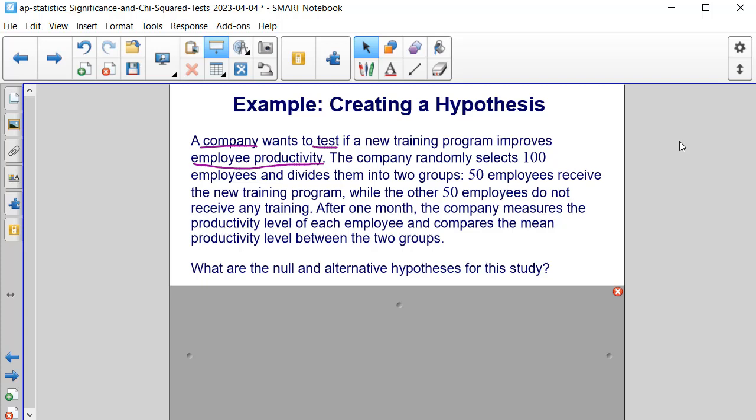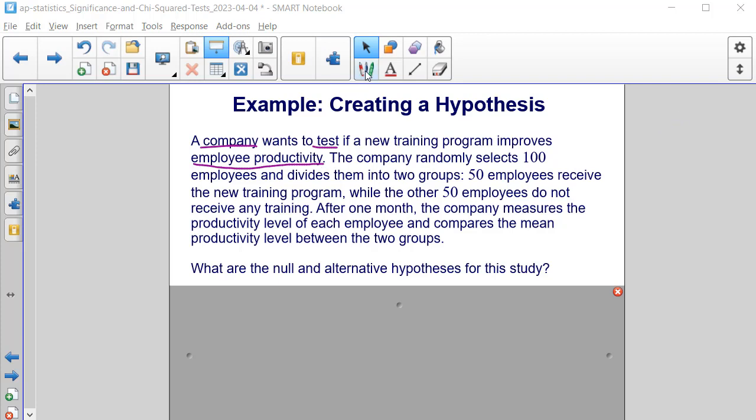Now let's work on figuring out the alternative hypothesis for this study. Remember that the alternative hypothesis has to show a significant difference or association between the two groups of people. And we need to also state our interest in the test.